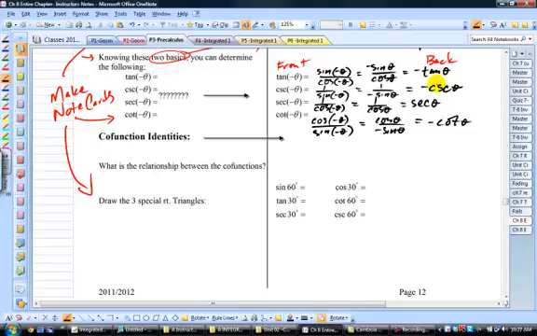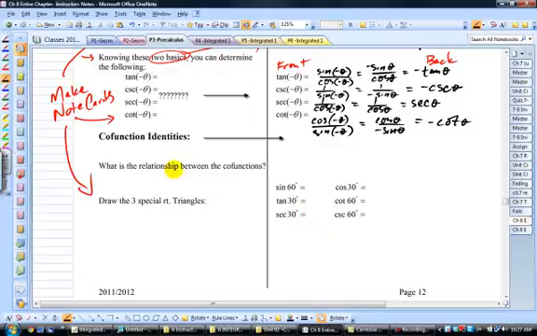Okay, now the cofunction identities. We say that cosine is the cofunction of sine, cotangent is the cofunction of tangent, and cosecant is the cofunction of secant. So we're going to deal with these cofunction identities.